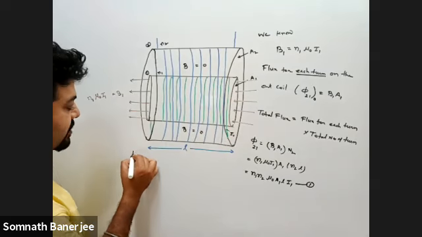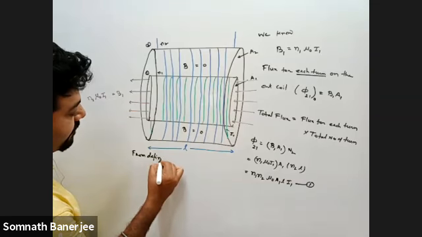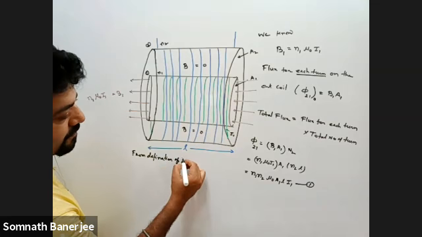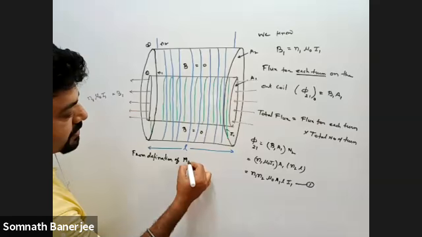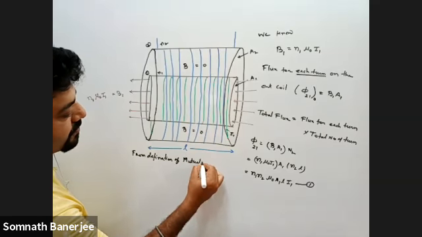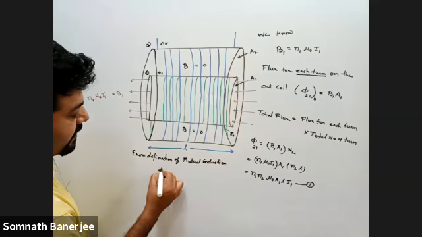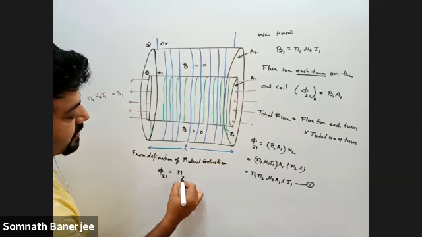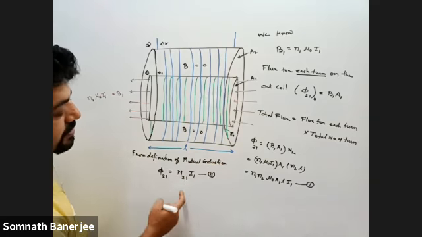Now from the definition of mutual induction, flux at the second coil due to the first coil is equal to the mutual induction at the second coil due to the first coil times the current of the first coil. This is equation number 1.